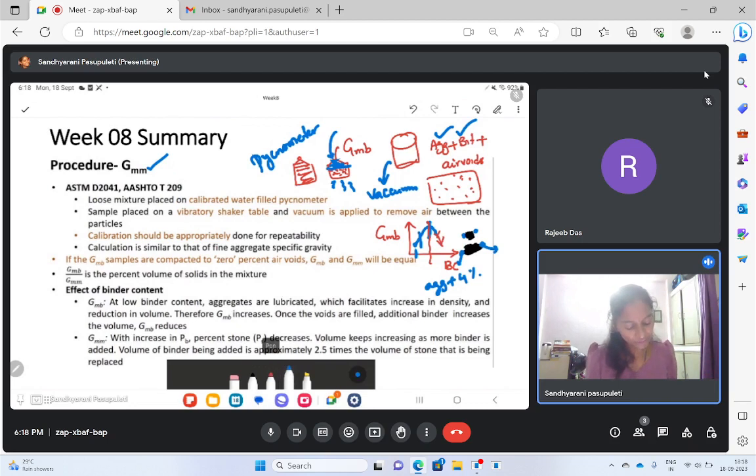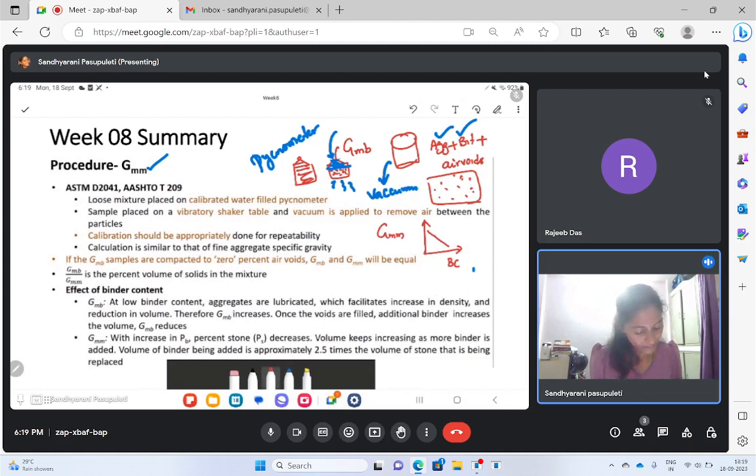But unlike the trend of the GMB, if you look at the GMM, the theoretical specific gravity of loose mixture would be reducing with addition of bituminous content.